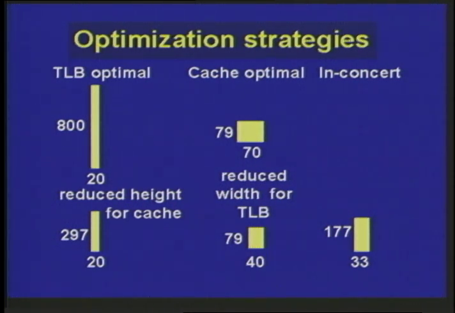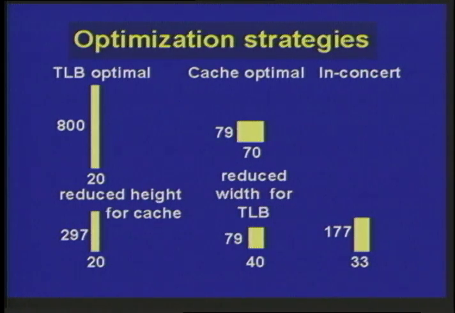So we choose that size tile, but then we find that it doesn't have very good TLB performance. So what we then do is reduce the width of that, because remember, TLBs were very skinny, hoping to get good performance for TLB. And again, we do that by a second optimization problem, but just looking at the TLB parameters.